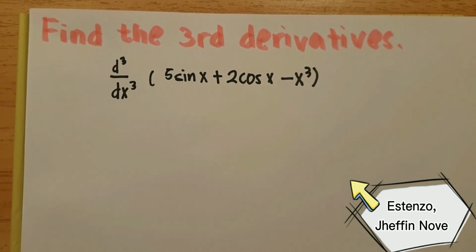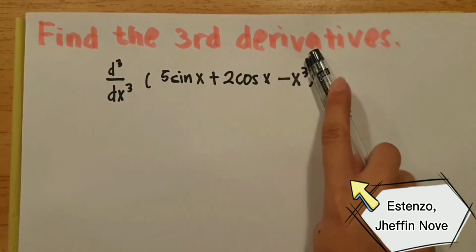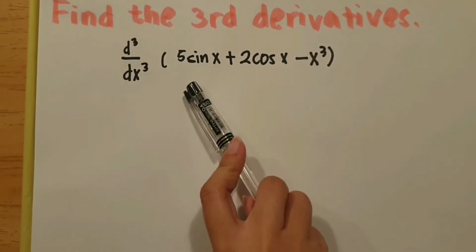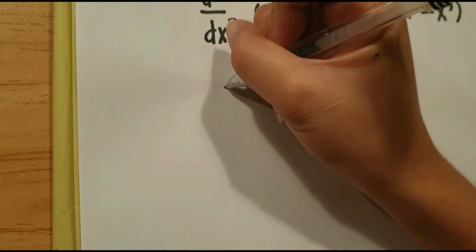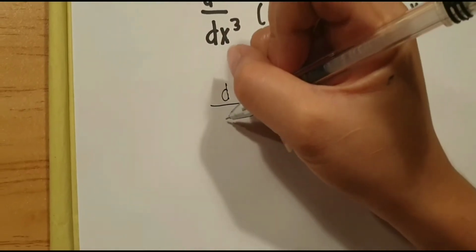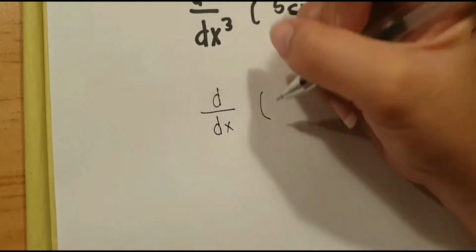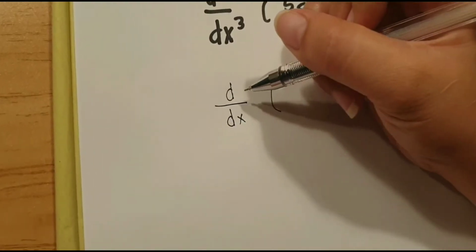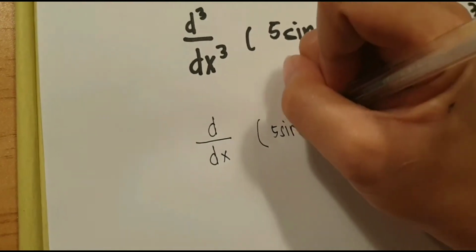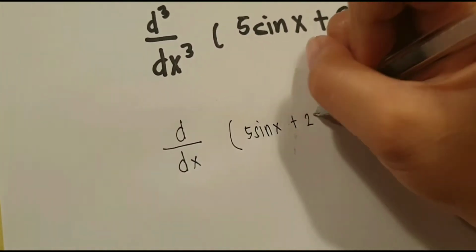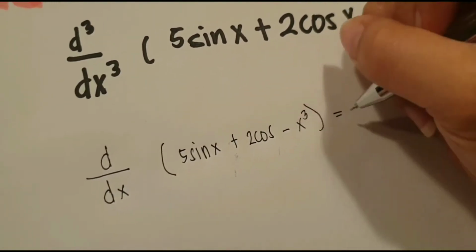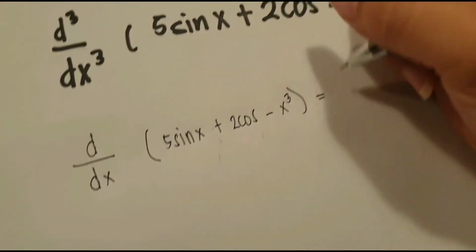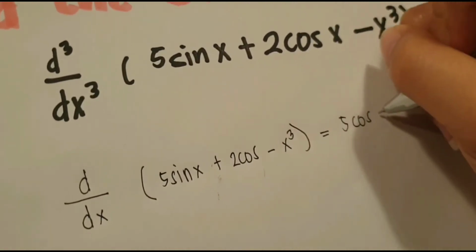For the second example, I have to find the third derivative of 5 sin x plus 2 cosine x minus x cubed. So first, we need to find the first derivative, d over dx of the quantity 5 sin x plus 2 cosine x minus x cubed, which is equal to: the derivative of 5 sin x is 5 cosine x.